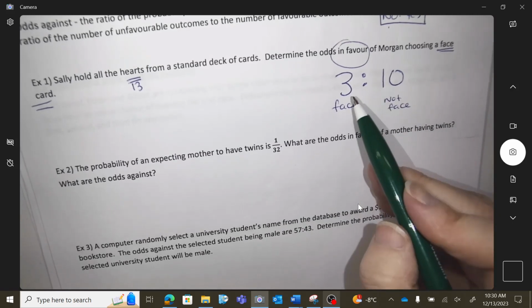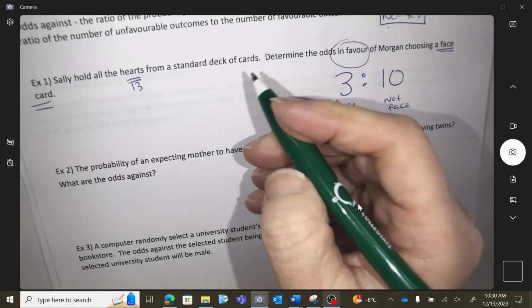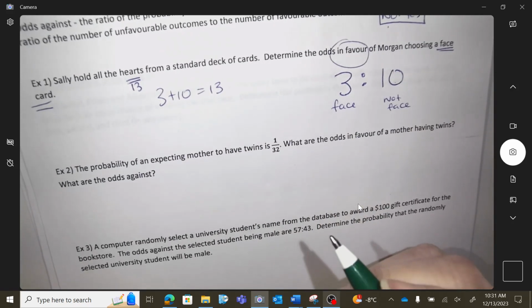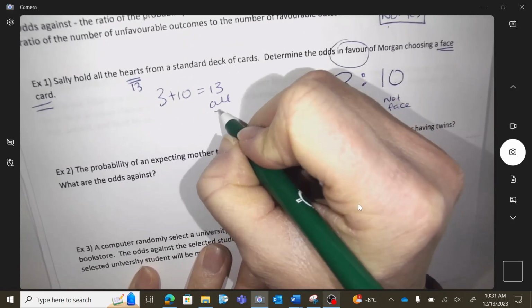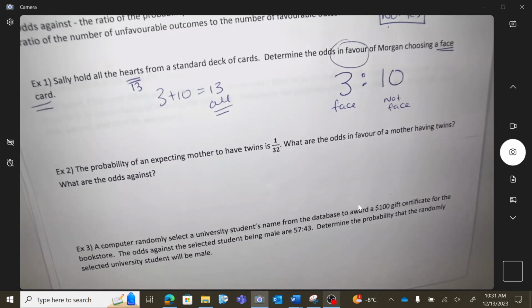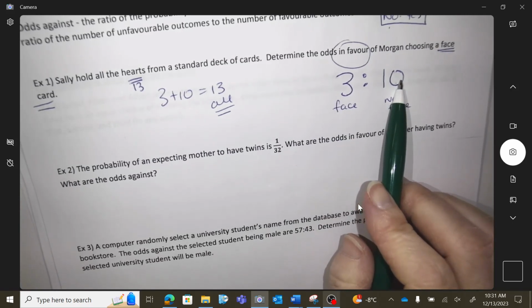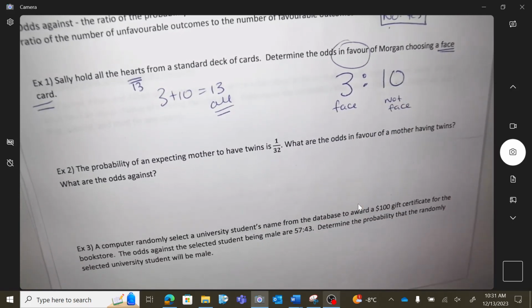Do you notice what these numbers do? The 3 plus the 10 equals 13, which is always going to add up to the all, because we talked about there being 13 of those cards. So those always need to add up to the all part.